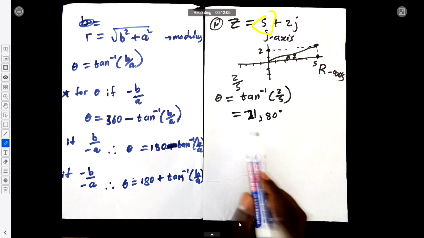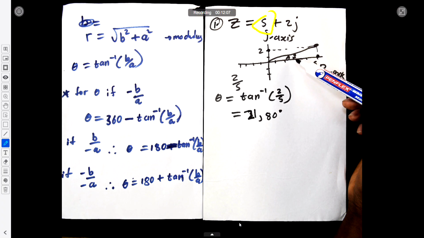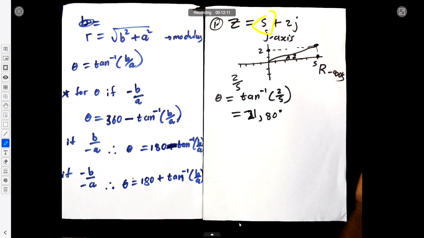I hope you see this value is true. It's very small, even smaller than 30 degrees, not even going to 45, according to how we plotted this.